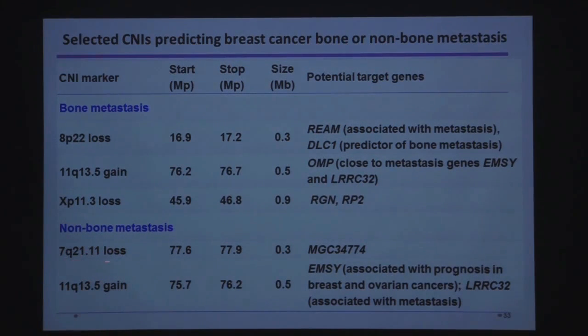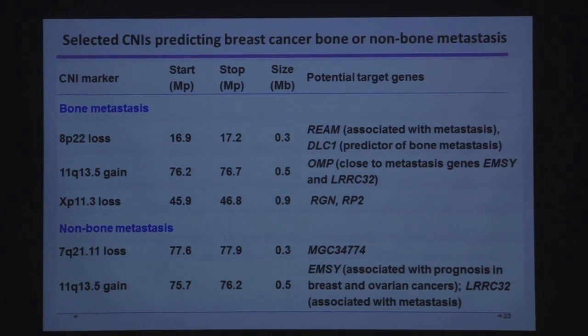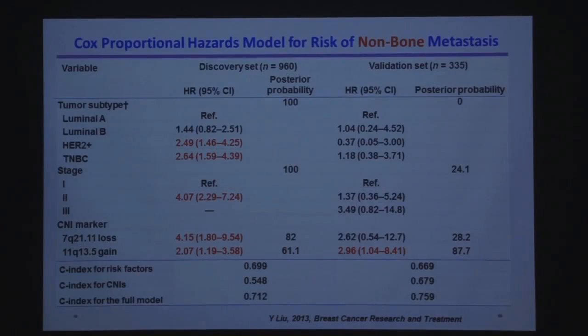So I think what separates it out is the 7q and this 8p right here. This wasn't as significant, the Xp11, but I think having the 7p really does separate these from each other. If you go back and look at the non-bone, you can see that the 7q was 4 times, and here it was 2 for the 11q.